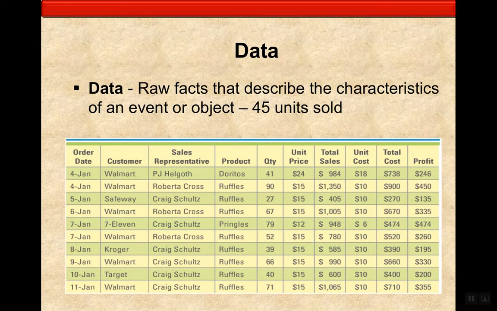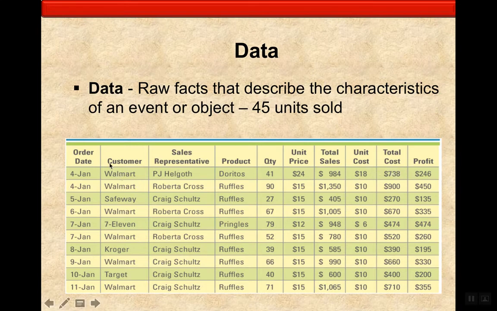So just a quick description here. Data: raw facts that describe the characteristics of an event. As you said, very granular, individual events. So basically on January 4th, we had this sales rep sold Walmart 41 bags of Doritos. That's an individual event.